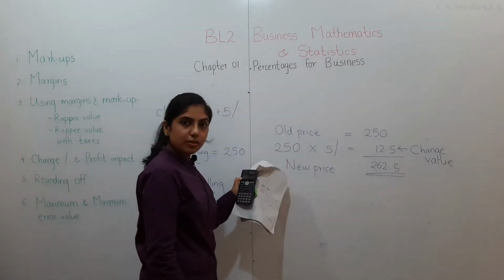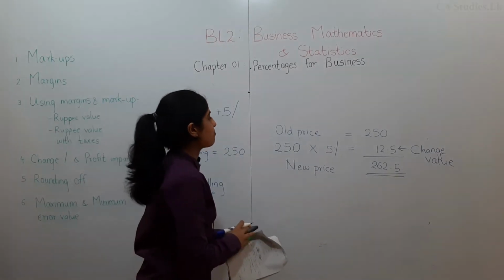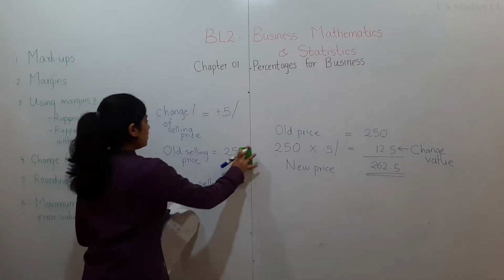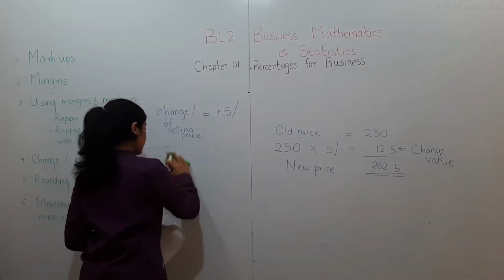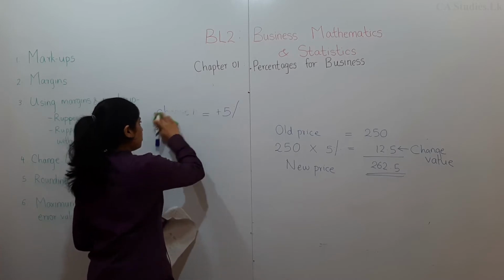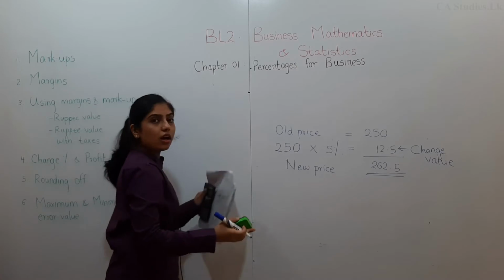Then there's the easy method, where we assume that our old price is equal to 100%.